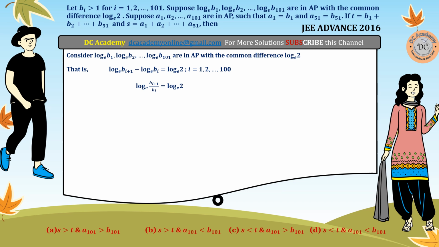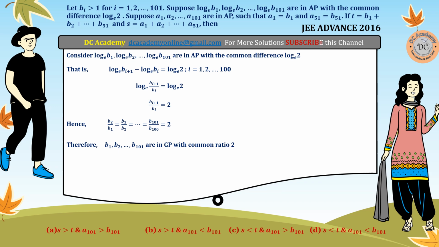Now we can take the anti-logarithm on both sides, or otherwise cancel log from both sides, so Bi plus 1 divided by Bi is equal to 2. So it implies that the ratios B2 by B1, B3 by B2, up to B101 by B100 are equal to 2. The ratio of two consecutive terms is equal, so B1 to B101 are in a geometric progression with common ratio 2.